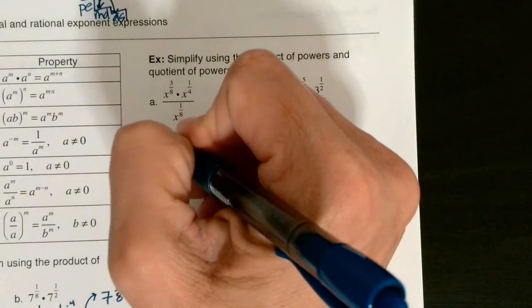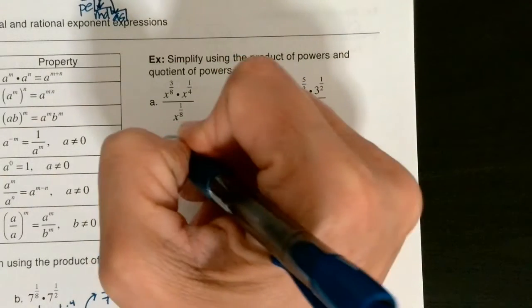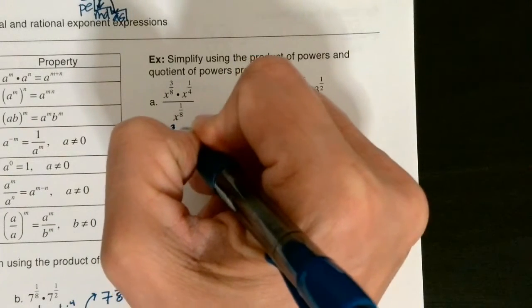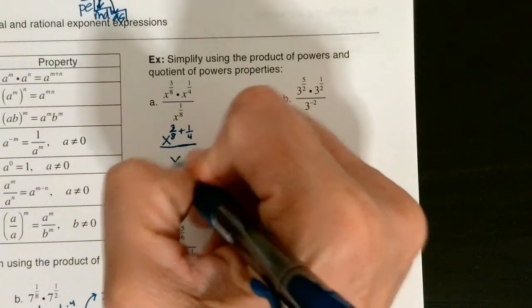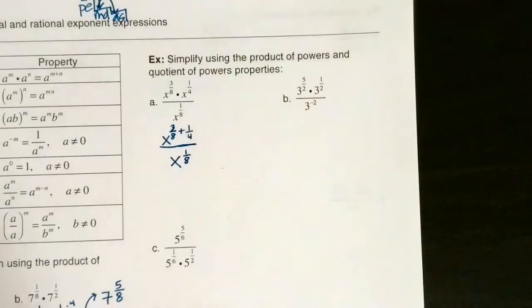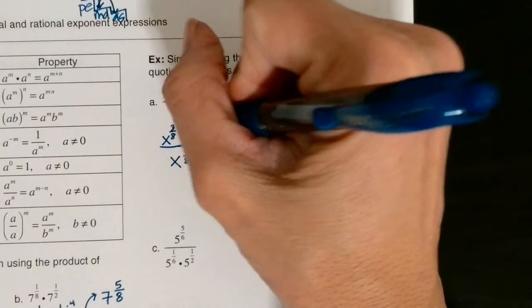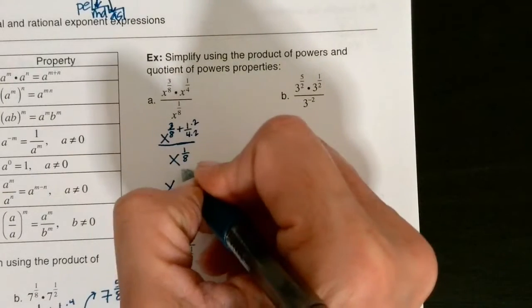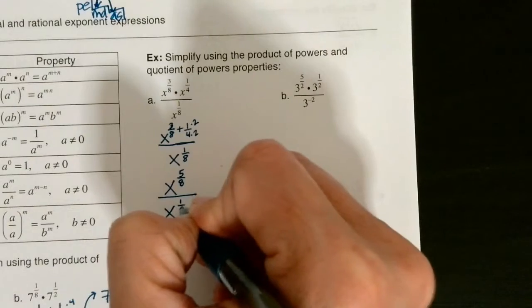So we keep the same base, and if we want to make it step by step, what we can do is take the numerator, which is 3/8 plus 1/4, and then put it over the denominator. So let's do that. You could also do it all in one step if you want. So if you're savvy enough to do that, go for it. So that's times 2 times 2. So that's going to be x to the 5 over 8 all over x to the 1 over 8.